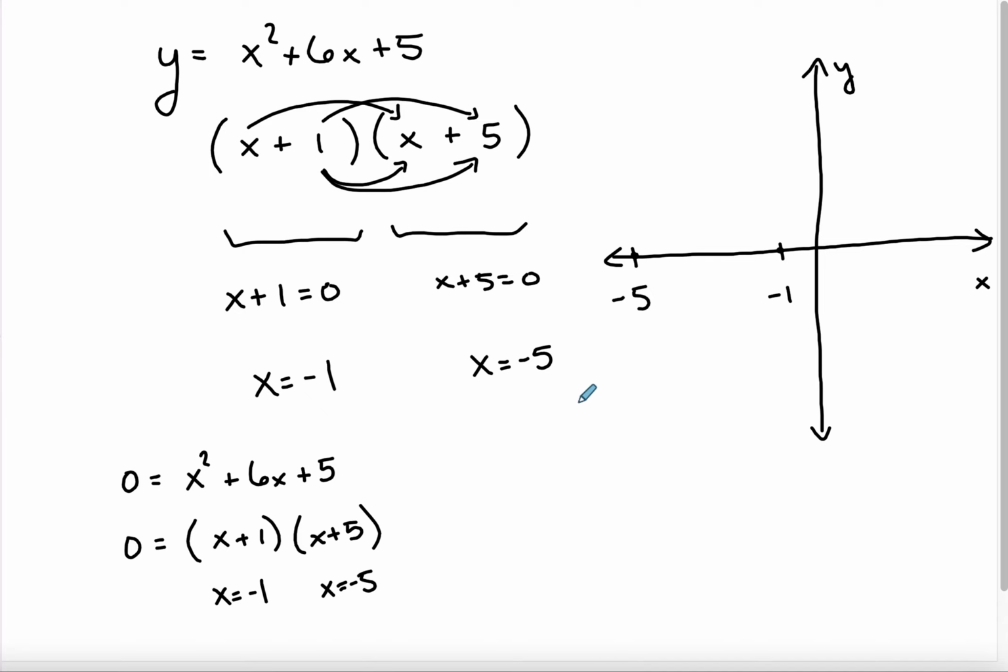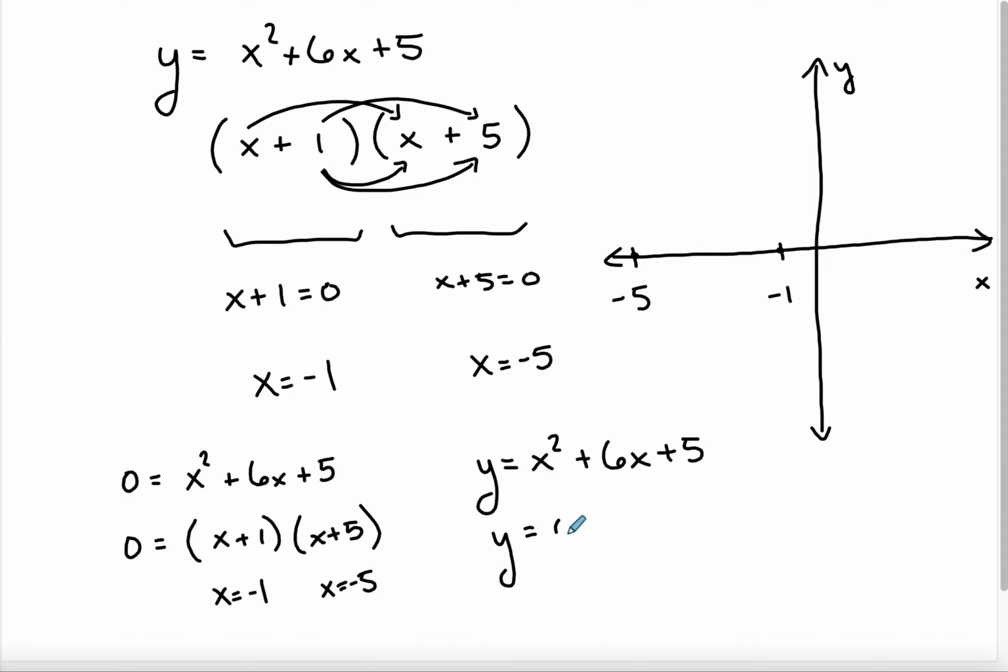Next, I might consider, where does this graph cross the y-axis? Well, all along the y-axis, my x value is 0. So instead of setting y as 0, I'll set x equals 0 in our original equation.